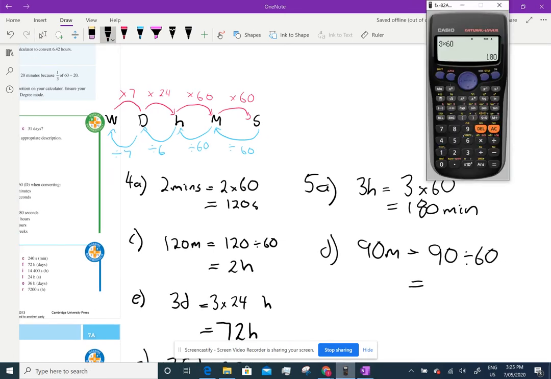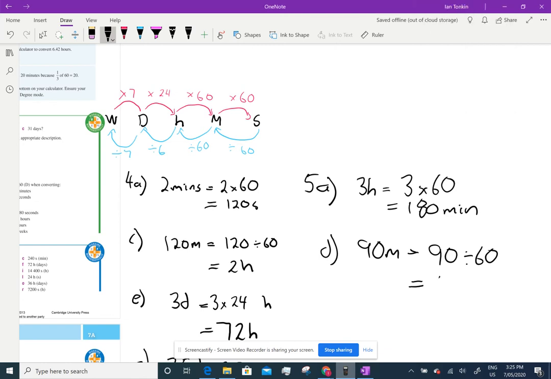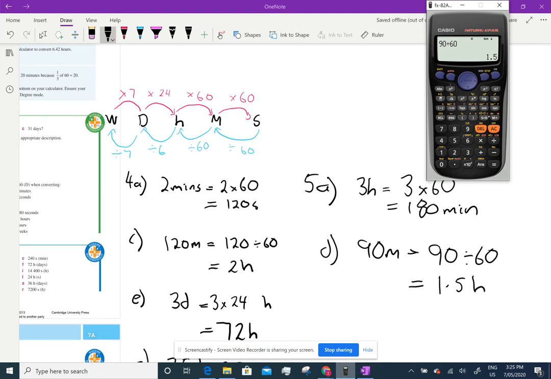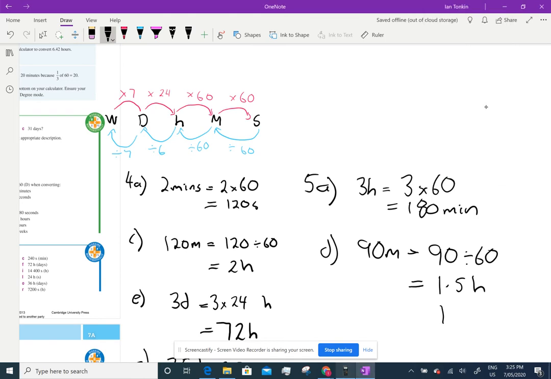And I do that on my calculator. 90 divided by 60. 1.5 hours. Or, remember on your calculator, you can press this SD button and it changes it to a fraction. But that's an improper fraction. If you want to change it to a mixed numeral, you press Shift and the SD button. Some of you would have already known that. 1.5 hours. Okay.